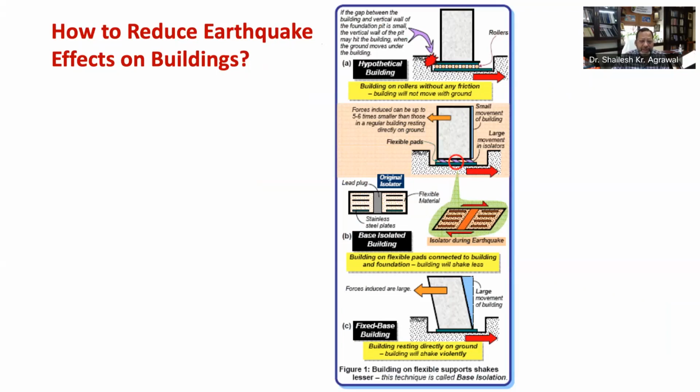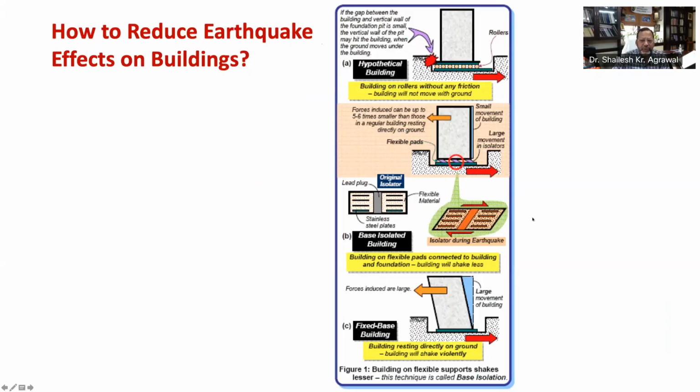Also remember, base isolation is not suitable for all the buildings. It is suitable for low to medium-rise buildings resting on hard soil. The high-rise buildings or buildings on soft soil are not suitable candidates for base isolation.